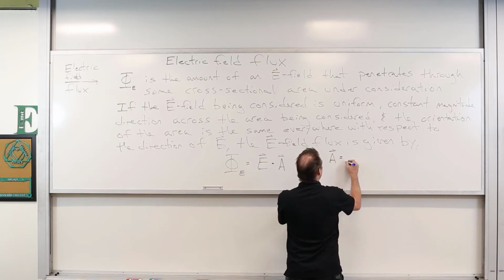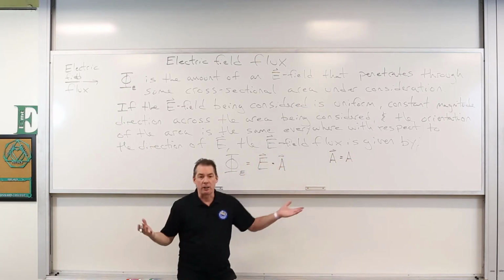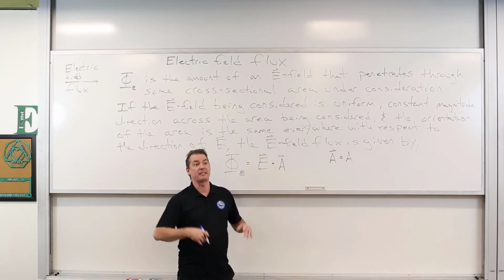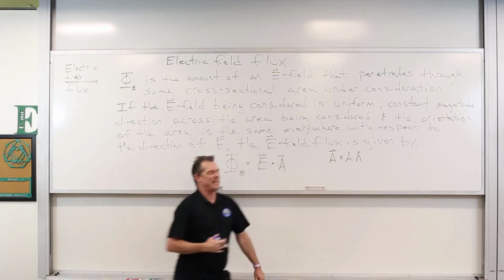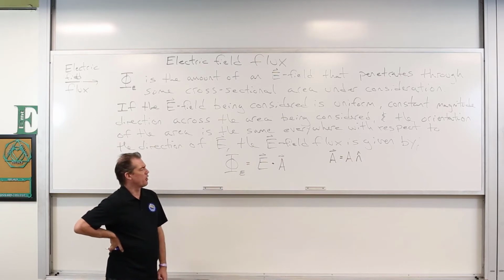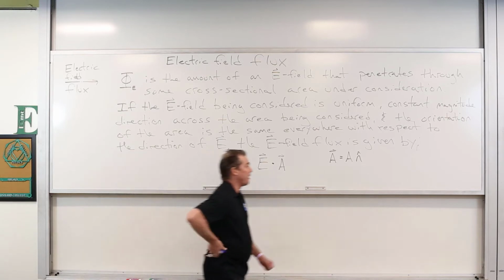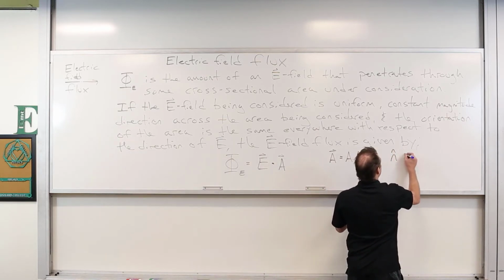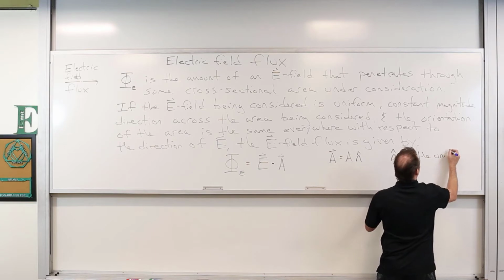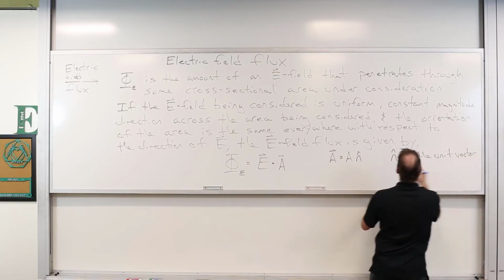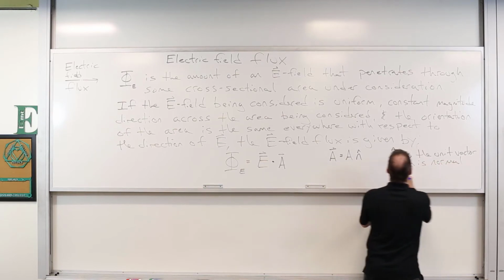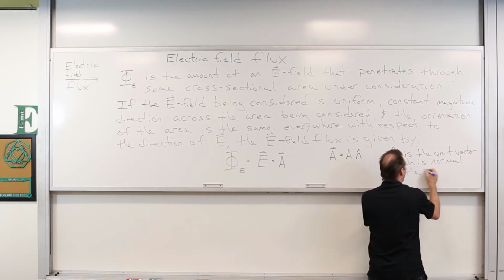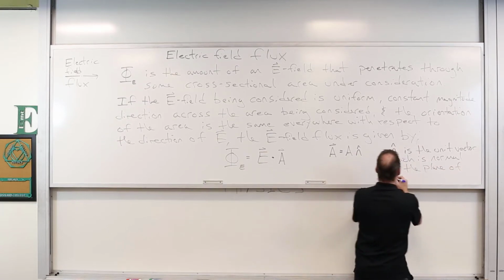A hat has some magnitude, which is the area, the scalar quantity area, and has a unit vector association that is normal to the plane of the area. So n hat is the unit vector which is normal to the plane of the area.